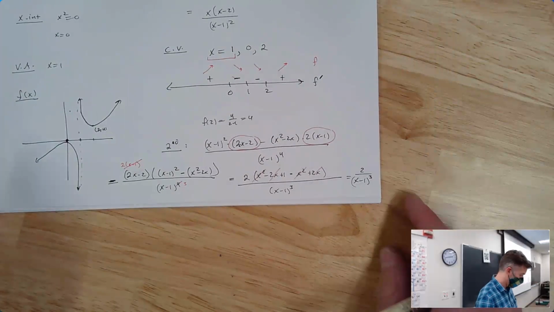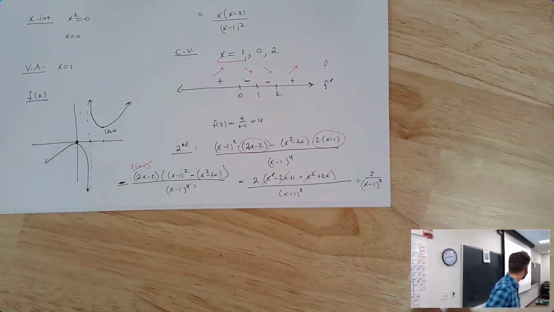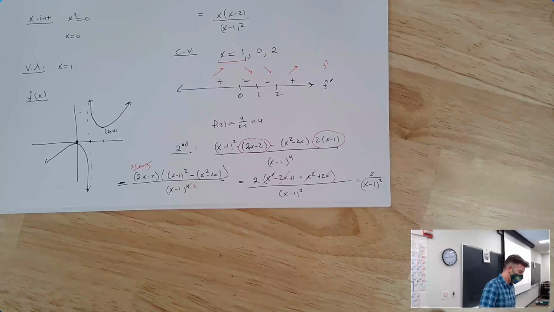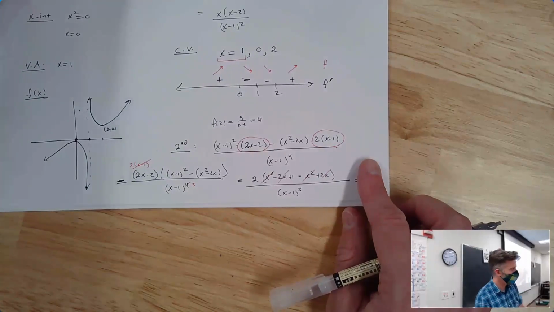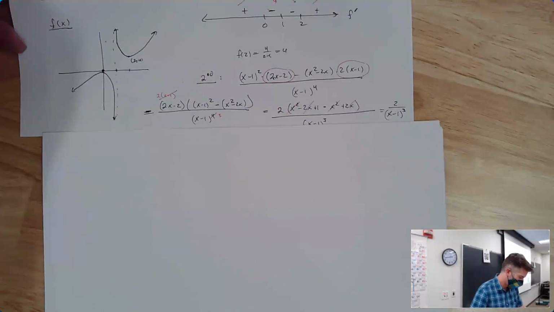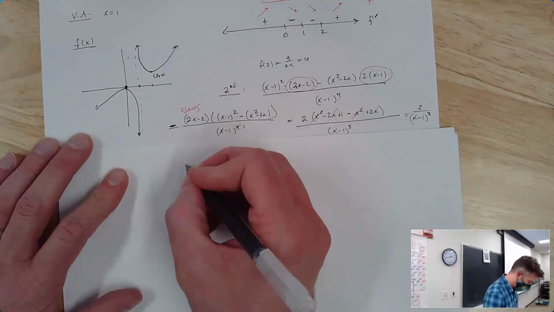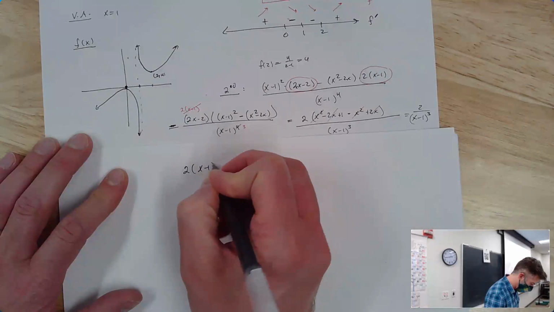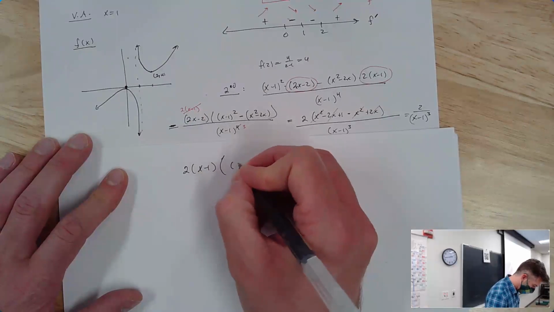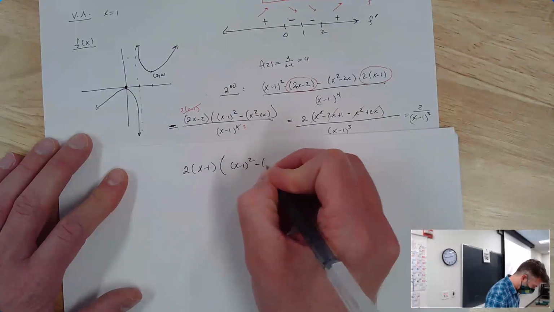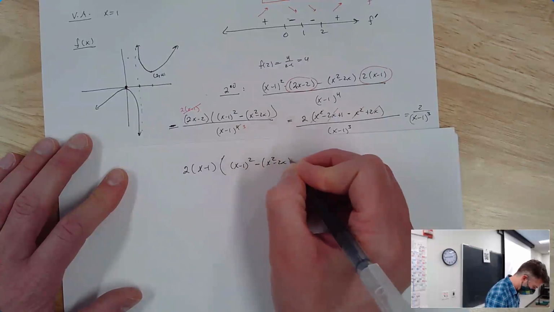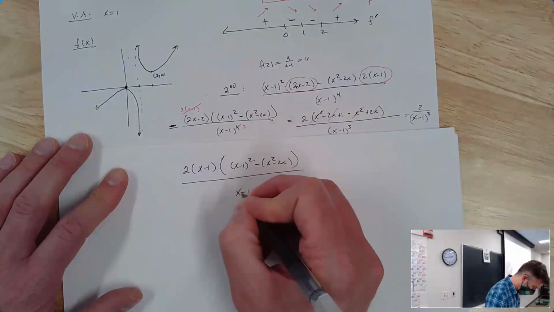Question? So when you canceled out the denominator, how come you only got 1 even though there's 2 x minus 1s? Well, so let me write a little bit more. When I did this, here's what I did. What I really have here is 2 times x minus 1 times x minus 1 squared minus x squared minus 2x, all over x minus 1 to the 4th.